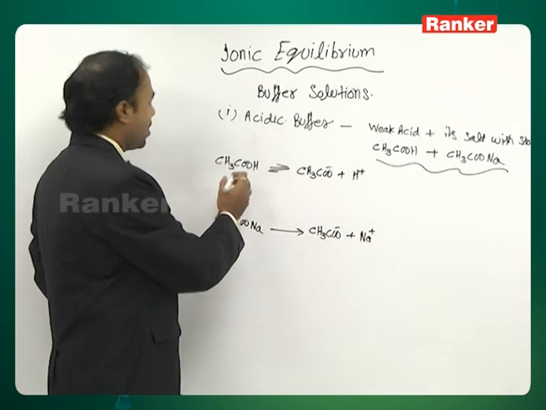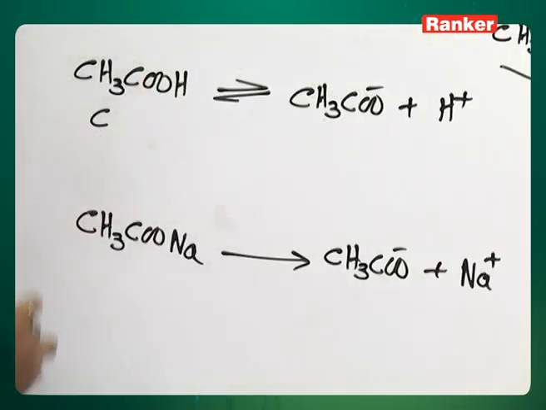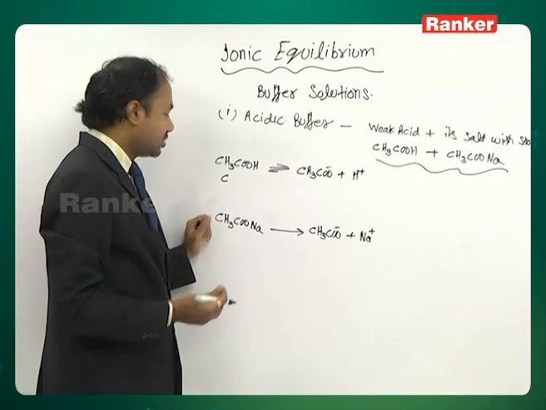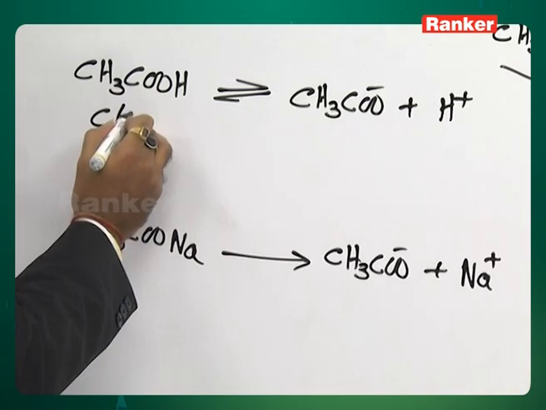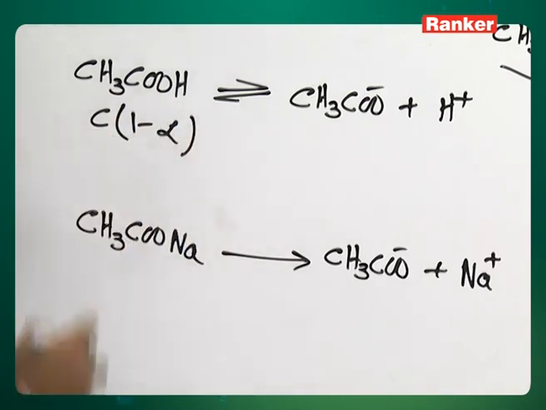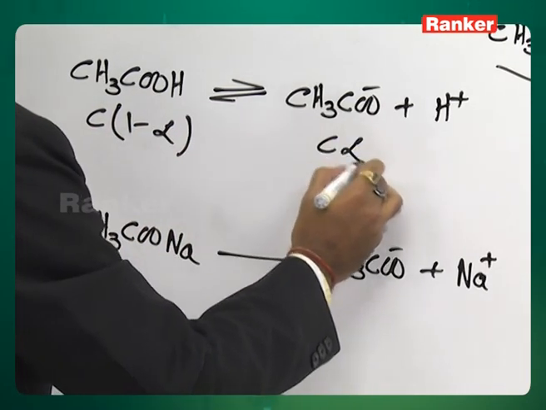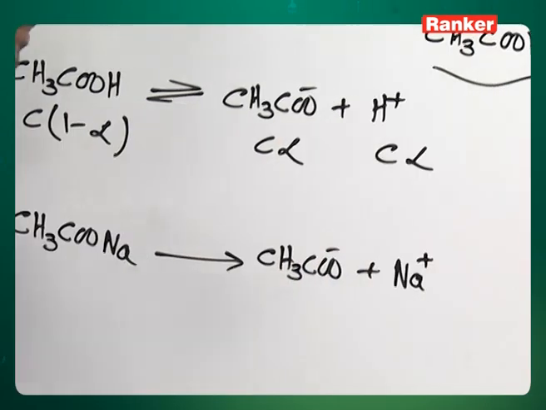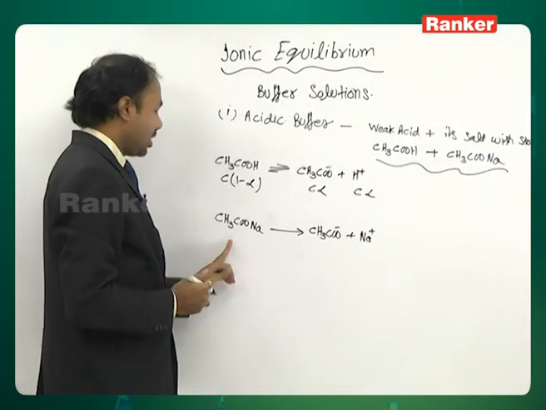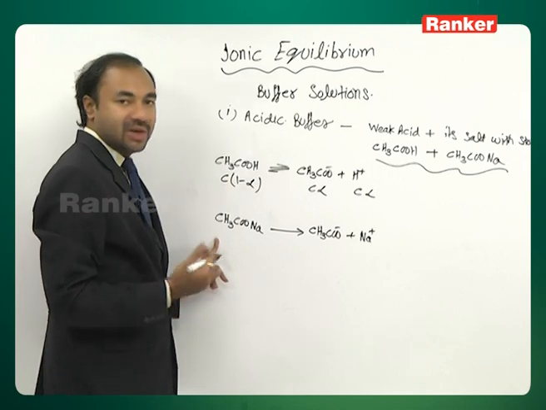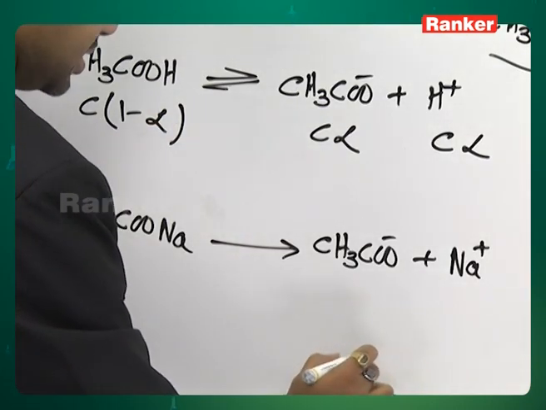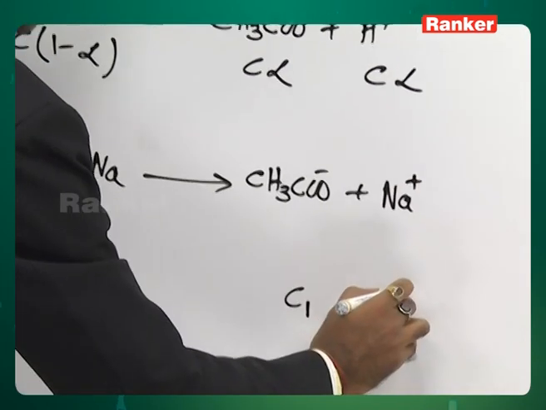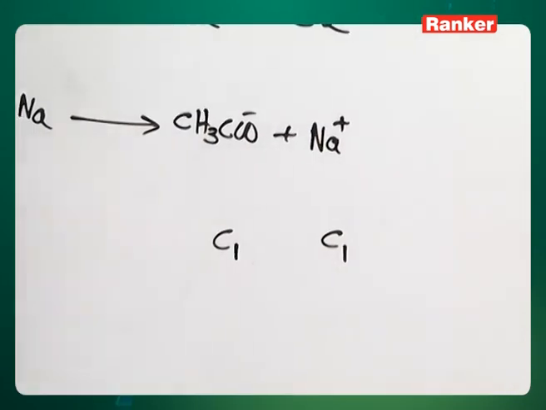We assume concentration of acetic acid taken is C. Its degree of dissociation in presence of sodium acetate is alpha. So it becomes C into 1 minus alpha. We get C alpha and C alpha. We assume the concentration of sodium acetate was C1. So we get the concentration of acetate ion as C1 as well as sodium ion as C1.